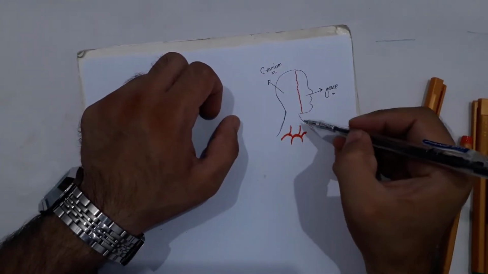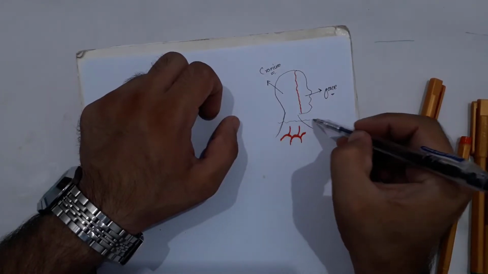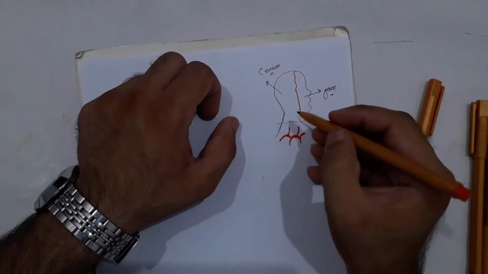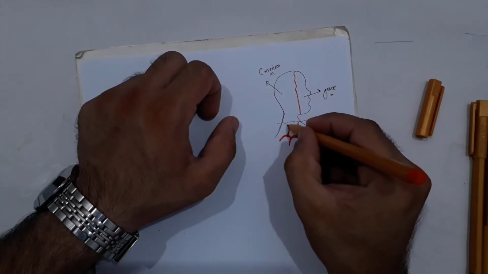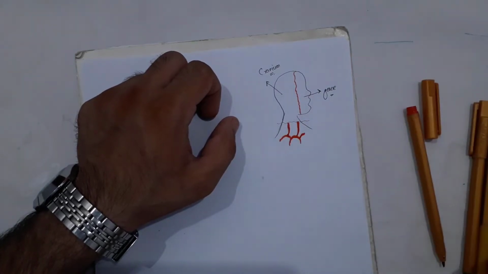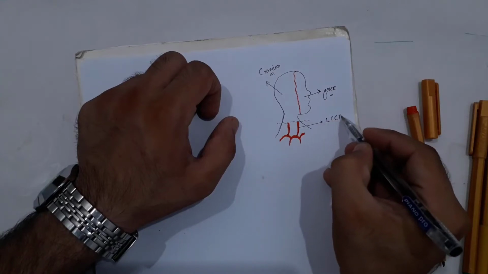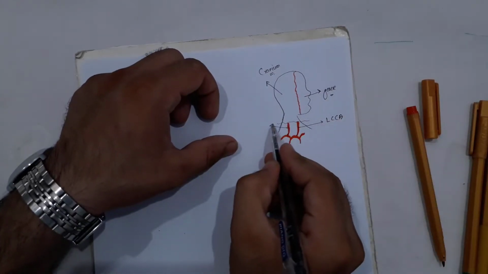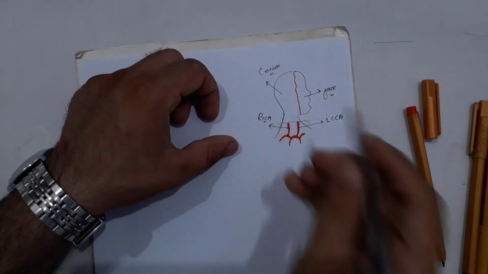Now the arteries which supply blood to the head region are these two arteries, the common carotid arteries, right? So this one is the left common carotid artery, and friends, this one is the right common carotid artery. Clear, friends?